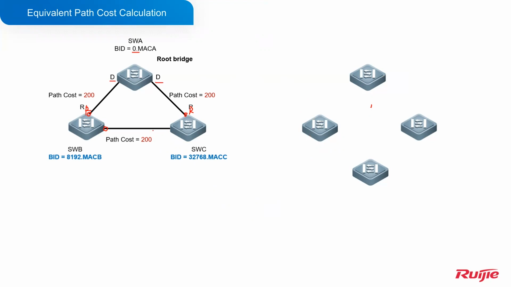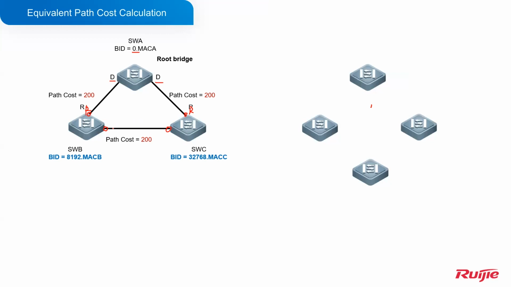So on this link is where we should think about it. Firstly, we should determine which is the designated port. To determine the designated port, firstly we compare the path cost. The path costs of SWB and SWC are both 400. So the path cost is the same, and then we should compare the bridge ID.